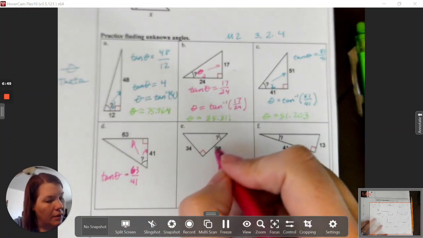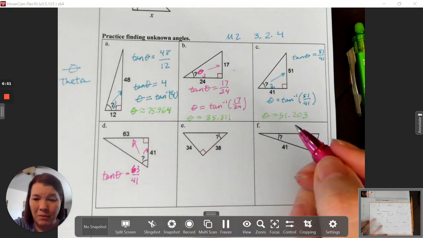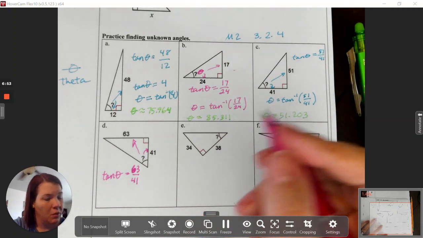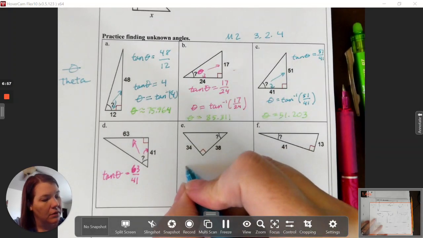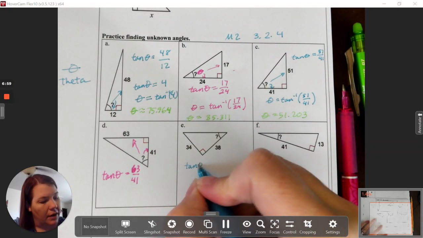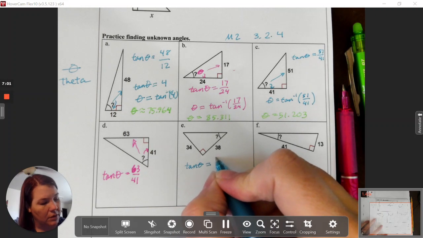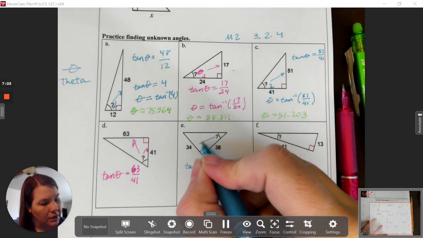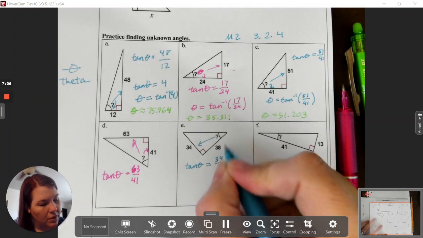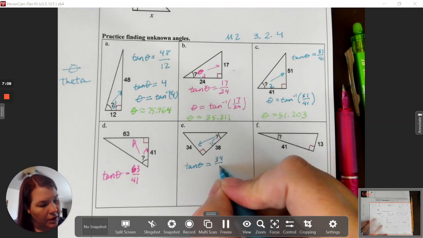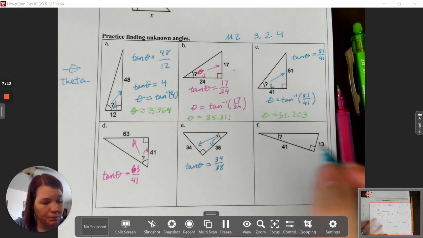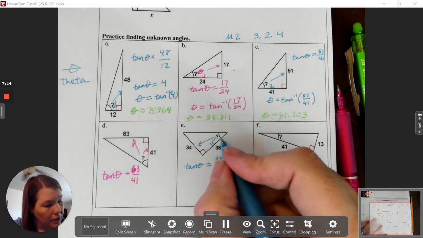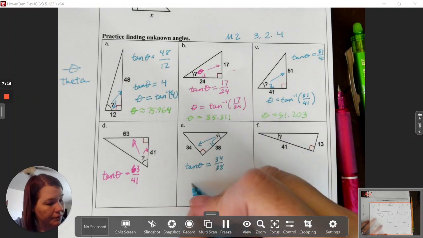For this one, go ahead and take a minute, pause, and set it up so you can be the one setting it up instead of me. Tangent of theta equals opposite 34 over adjacent 38. And remember, we're talking about sides every time we say opposite and adjacent: opposite and adjacent of the angle.